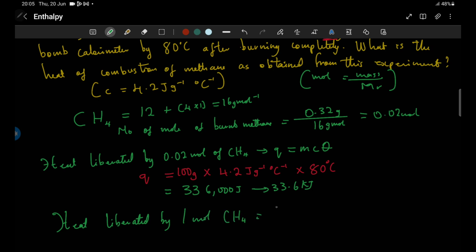That would be 33.6 kilojoules. Remember, this is the amount liberated by 0.02 moles. All right. So to know the amount liberated by 1 mole, you divide that figure by 0.02. That gives you 1,680 kilojoules.